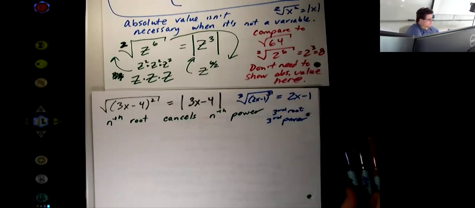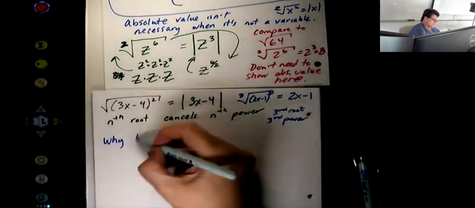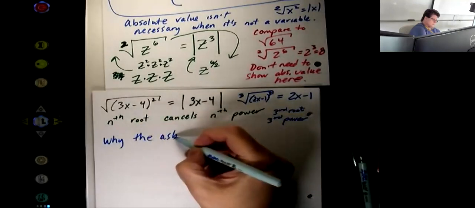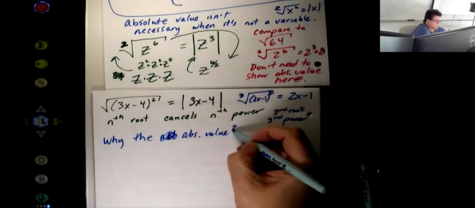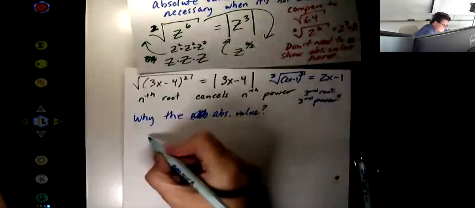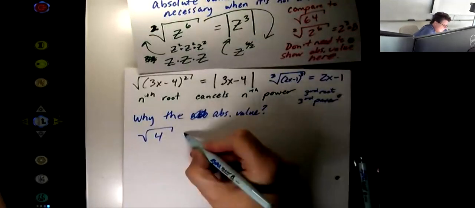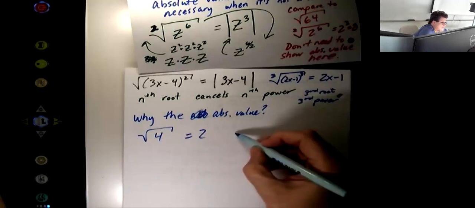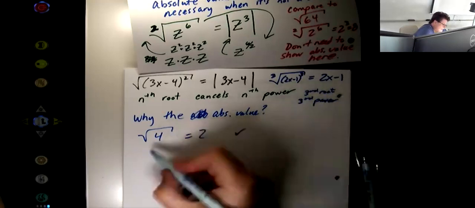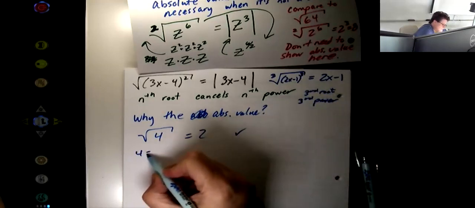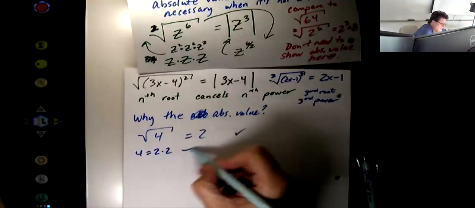It sounds like a silly rule. This is why. Why the absolute? If I take the square root of 4 and I say it's 2, that's correct. But there's something else that gives an answer here. 4 equals 2 times 2, which is how we got to that point.